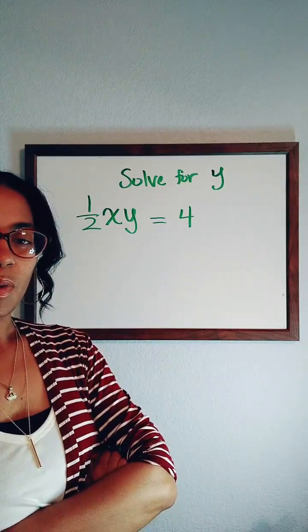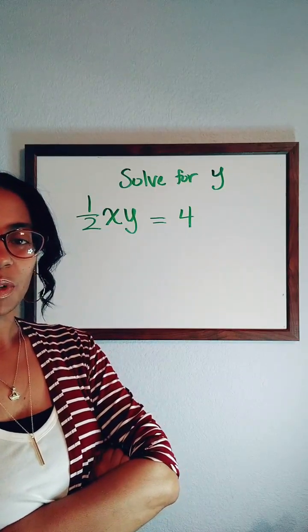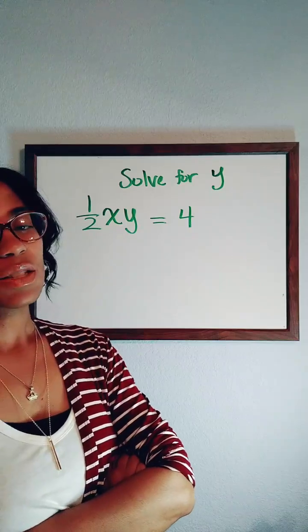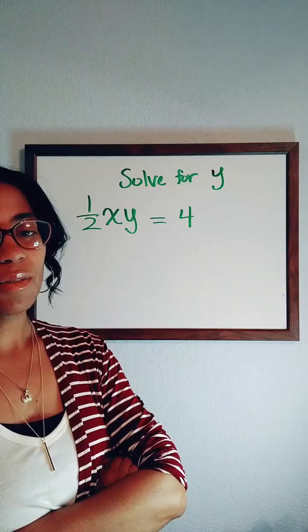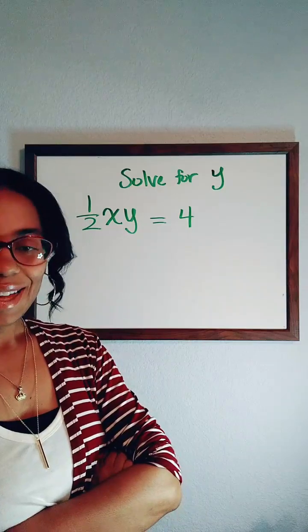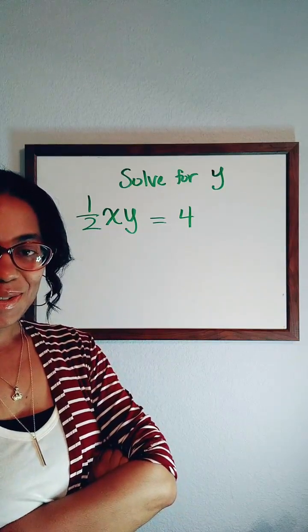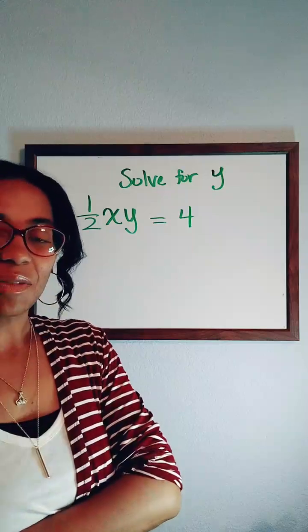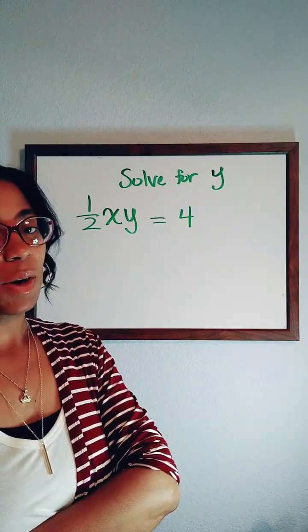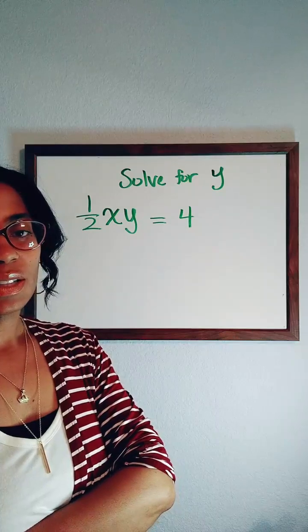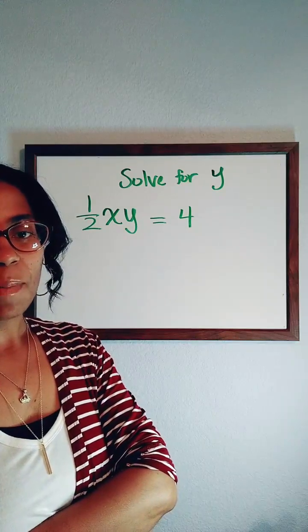If I'm multiplying, how do I get rid of it? Yep, I can multiply. So I can't multiply by 1/2 because I'm already multiplying by 1/2. But I can divide by, if I'm multiplying. So someone told me I'm going to divide by 1/2 x.